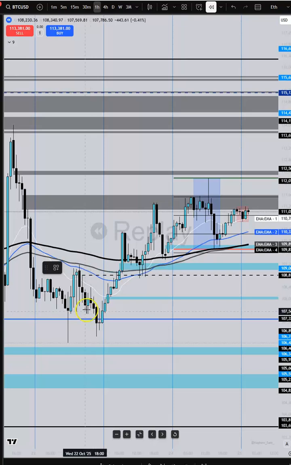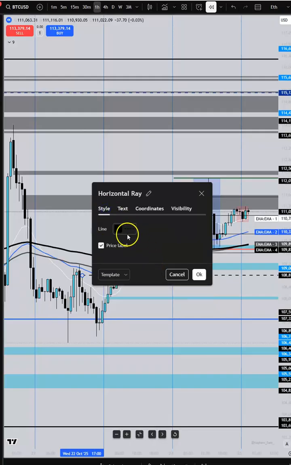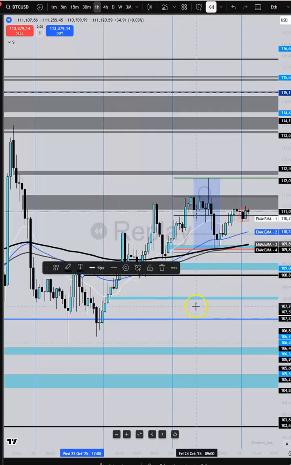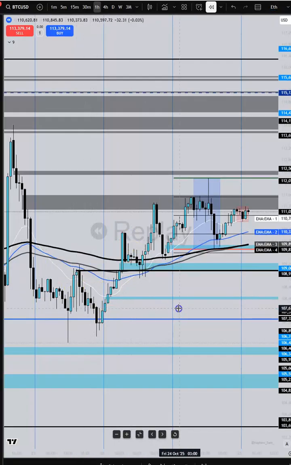So you can see here that price crossed this level and retest above it. So here we have our break of structure, market structure shift. So I like to see the market structure, break of structure, market structure shift, and change of character, and I like to see the trend as well.